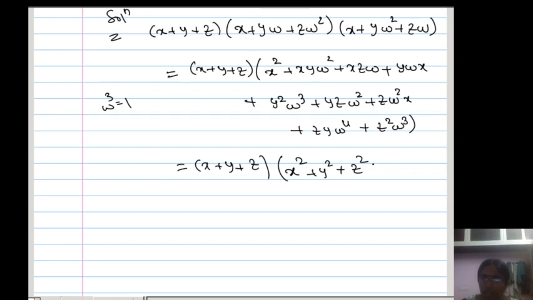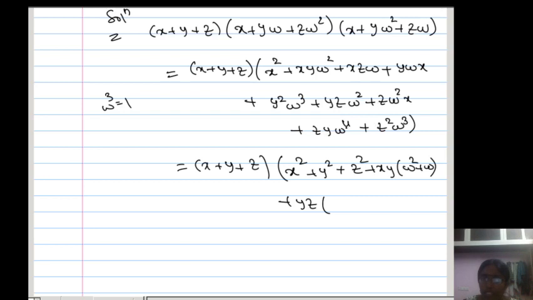Next, take xy common: xy omega square plus omega. Next yz common: yz omega squared, and yz omega power 4.